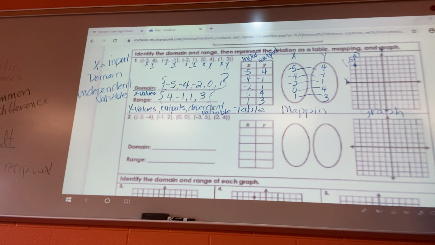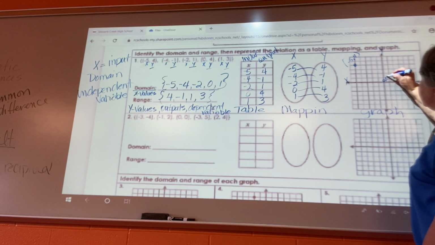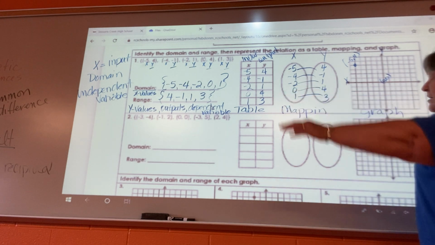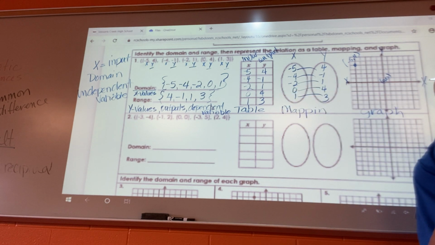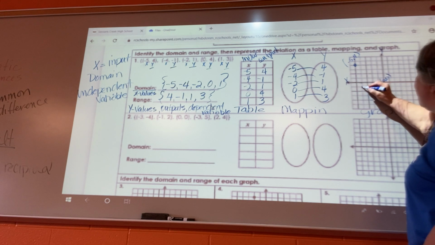I've got -4, -1. So I go from 0, 0, which is the origin of the coordinate graph. You have x going horizontally, this is your x-axis, and the one vertical is your y-axis. So I have -4 on the x, and -1 on the y.